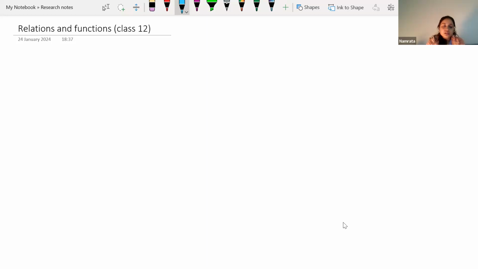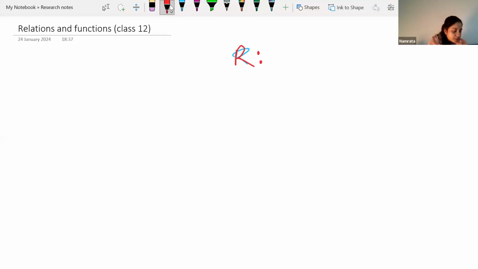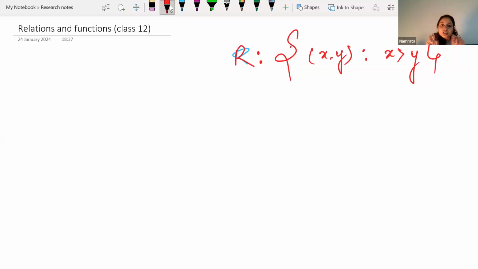Okay, so an example of a relation can be, let's say R is a relation such that it consists of ordered pairs, the set of all xy where x is greater than y. This is one of the examples of relation.